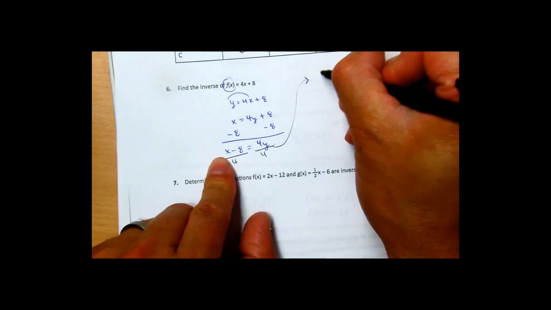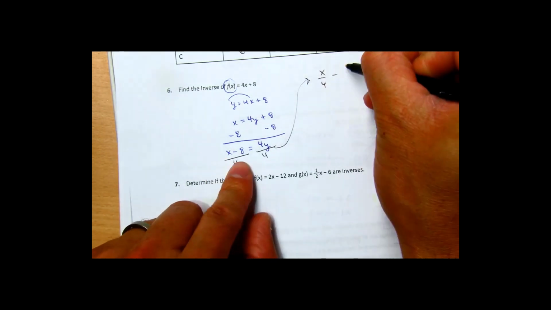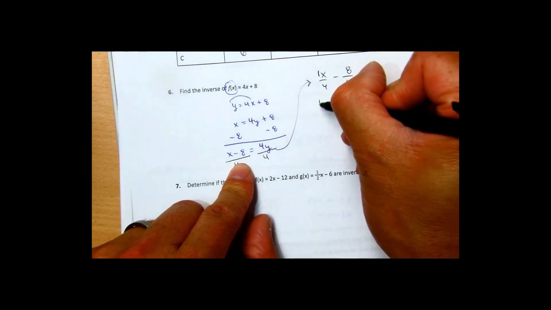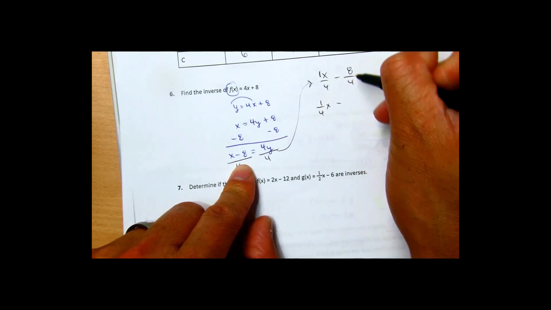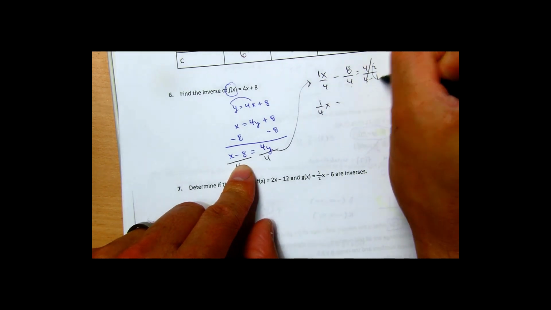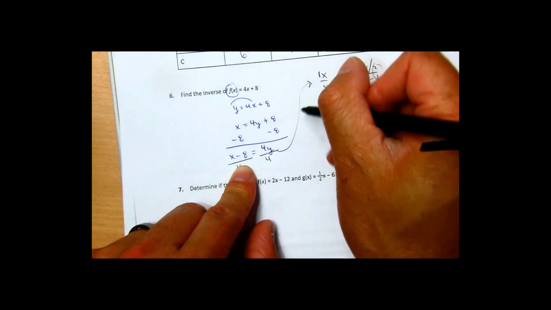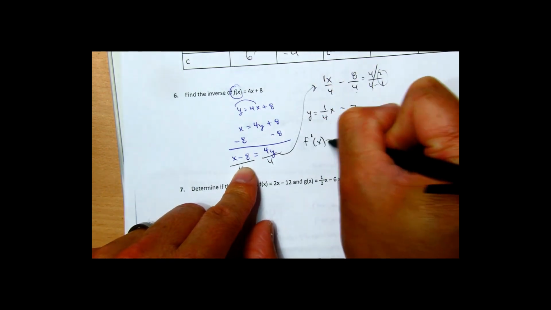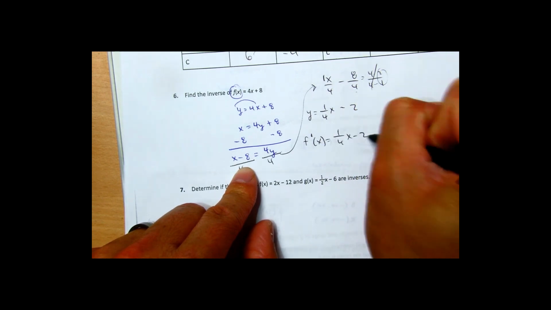It's x over 4 minus 8 over 4. That's a 1, so that would be 1/4 x minus 8 divided by 4. It's equivalent to 4 times 2, 4 times 1, so that's why it's a 2. And then you can put the inverse back. And this would be our answer.